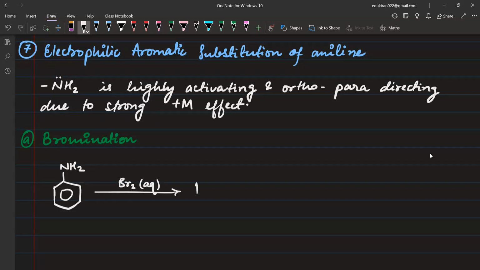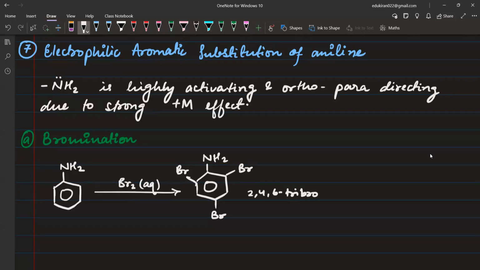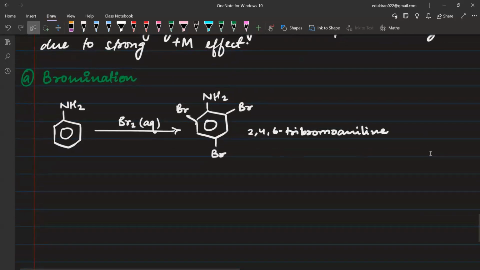When we add Br2 aqueous, it is going to give me a tri-substituted product. NH2 here, both the ortho positions are attached with bromine and the para position is also attached with bromine. So this is 2, 4, 6 tribromoaniline. ठीक है. Now this is the problem because we do not always require a tri substituted product.